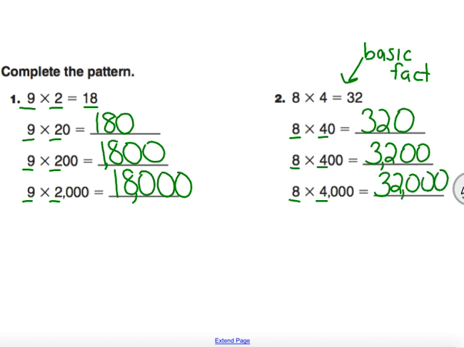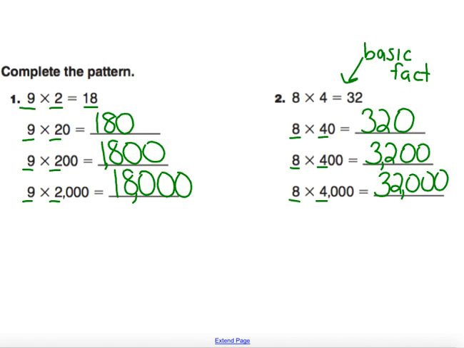Okay? Please make sure you're putting your commas where they belong. It's 32,000. So this is how we can use basic facts and the pattern of zeros to help us multiply by 10's, 100's, and 1000's.